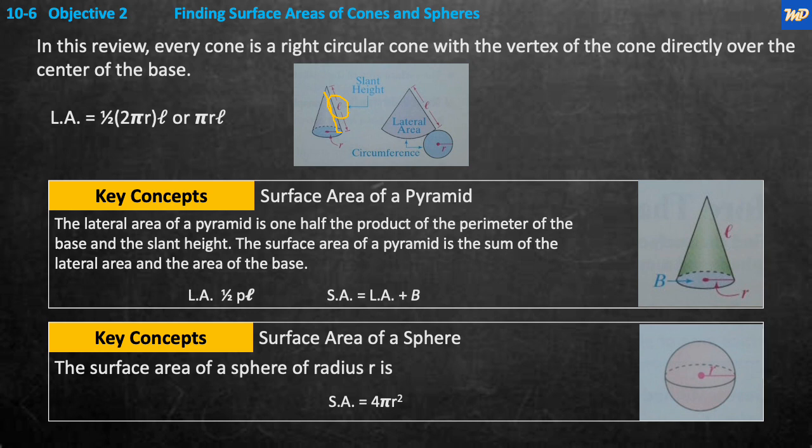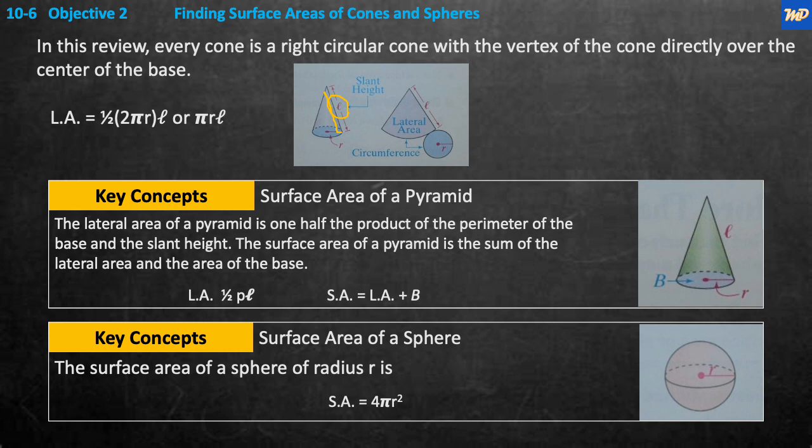So the lateral area, as we open up this cone, it's like a pie shape, right? It's like a piece of pie with a base. So it says, key concepts, there's 2 of them here. Surface area of a pyramid. The lateral area of a pyramid is 1/2 the product of the perimeter of the base and the slant height. The surface area of a pyramid is the sum of the lateral area and the area of the base. So the lateral area is 1/2 the perimeter of the base times the slant height.